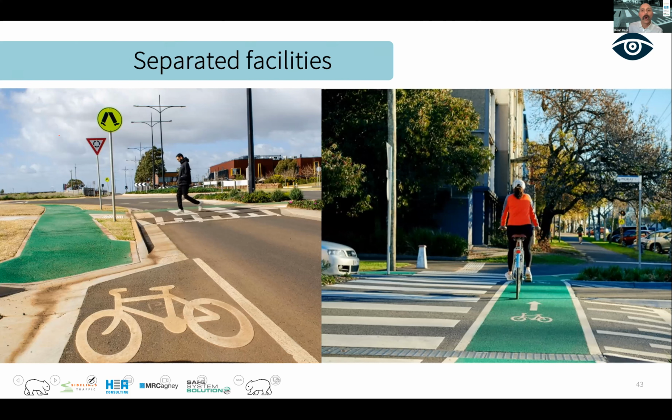Now, you're going to make some judgment calls on those speeds of the cyclists, because if you've got different measures to slow down the cyclist on the approach to the crossing point, then you can take lower speeds.